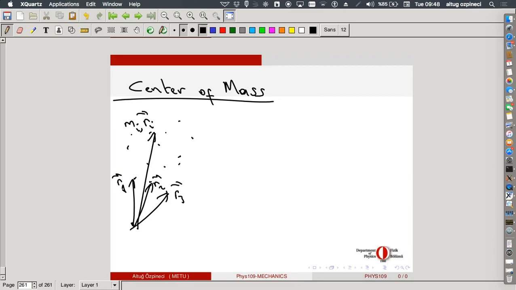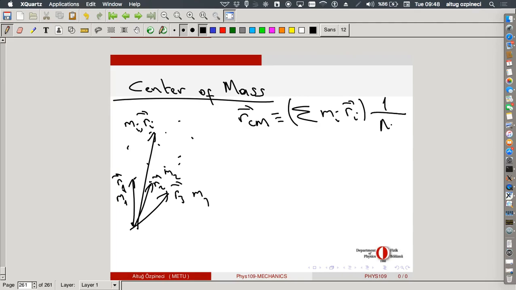This has a mass m_i, this has a mass m1, m2, m3, etc. Then we defined the position of the center of mass to be the sum of m_i times r_i, multiplied by 1 over the total mass.